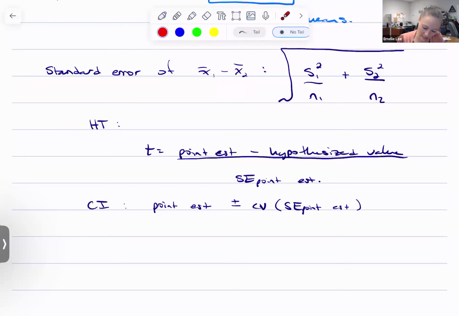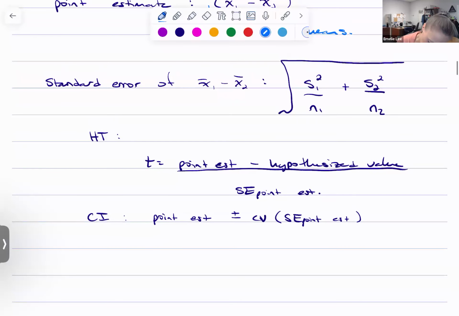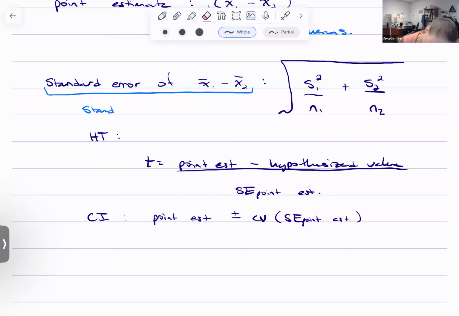And that's why it's so nice that the standard error of the point estimate is always the square root of s1 squared over n1 plus s2 squared over n2. It's long and tedious, but it's not hard. This is the standard error. I'll use the same abbreviation that I did down here.